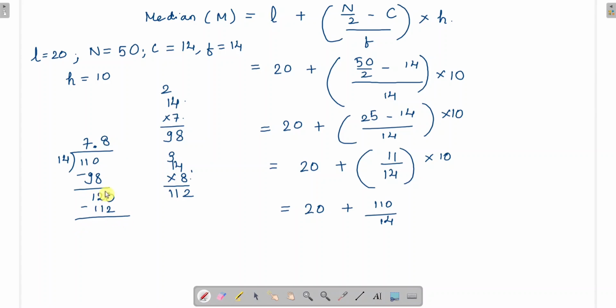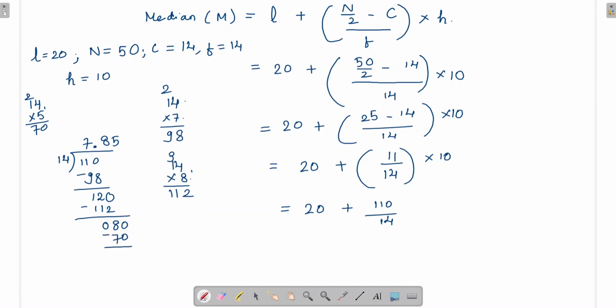So this will be 8. Now 0, so 14 5s: 5 4s are 20, 5 times 1 is 5 plus 2 is 7, so 14 5s are 70.